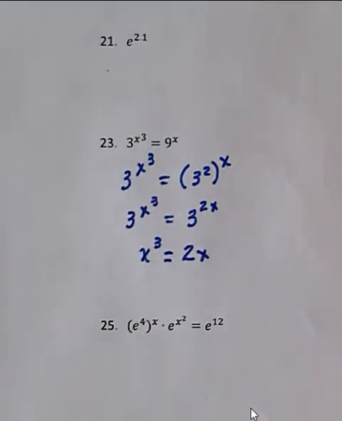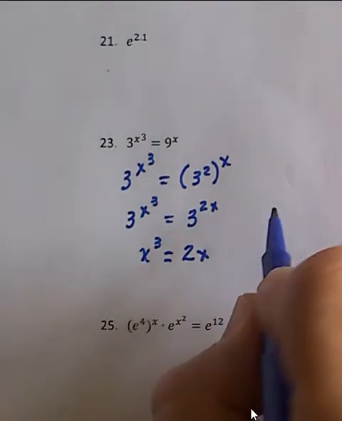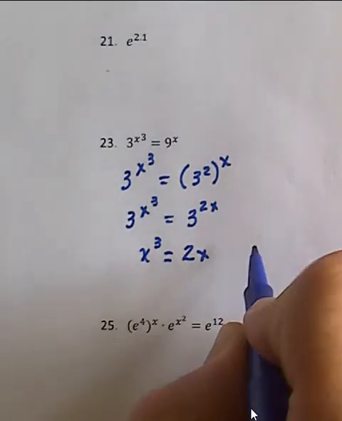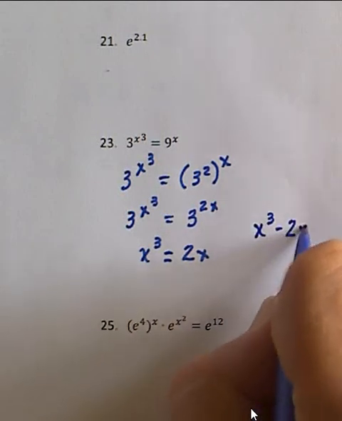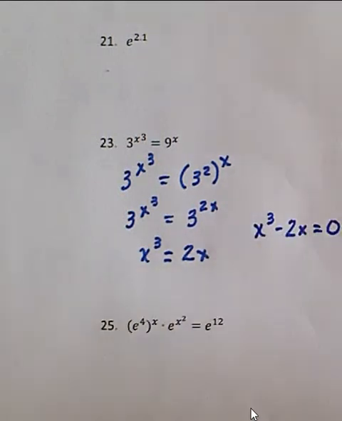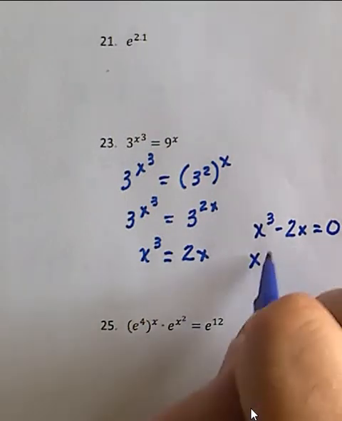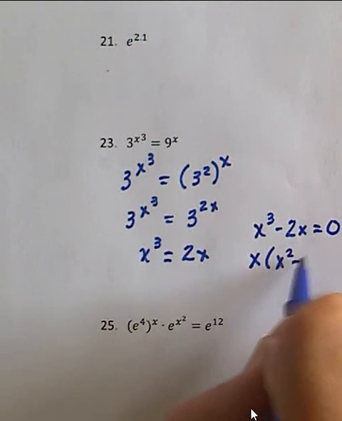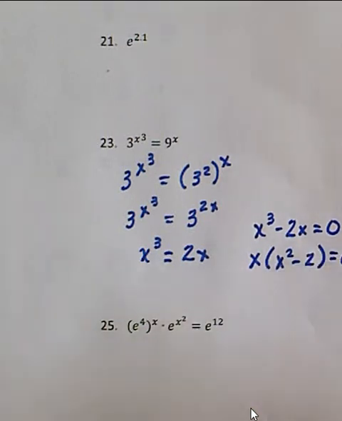Okay. Now, what I want to do here to solve that, I want to find out what x has to be to make that true. So I'm going to subtract the 2x over. X to the third minus 2x equals 0. And now I can factor out an x. So x times x squared minus 2. Okay.